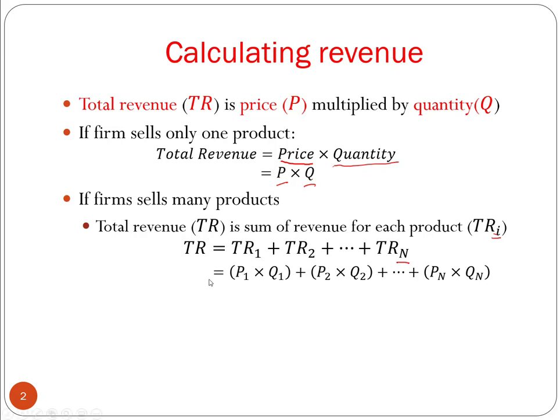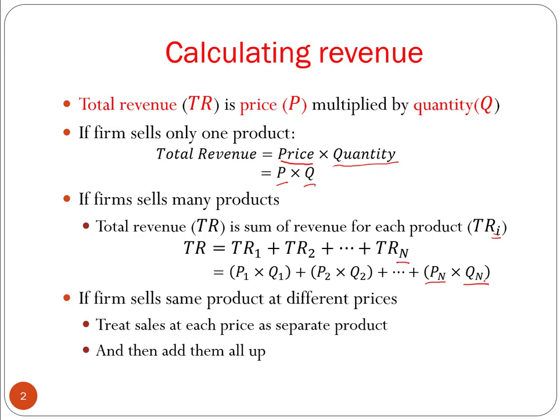So the total revenue for the first good is price of the first good times quantity of the first good. Then we add to that price of the second good times quantity of the second good. And then we add to that price of the nth good times quantity of the nth good. And this assumes you sell n goods. So if you sell many products, it's fairly simple to do this. It just becomes tedious.